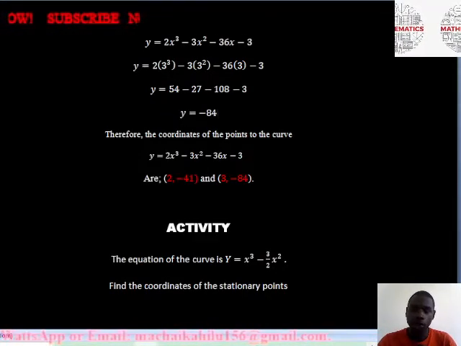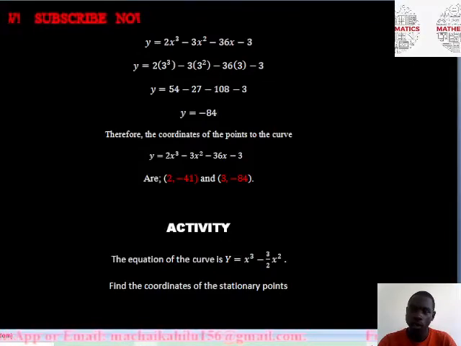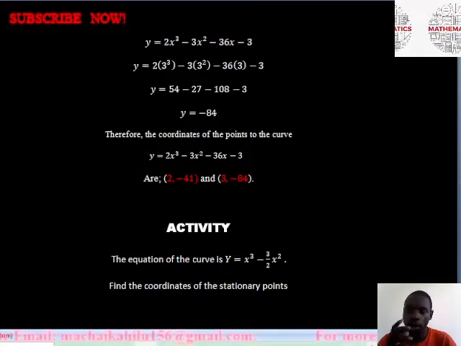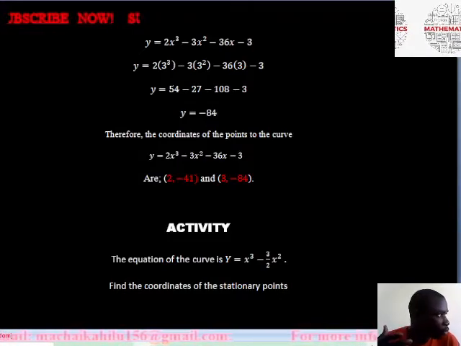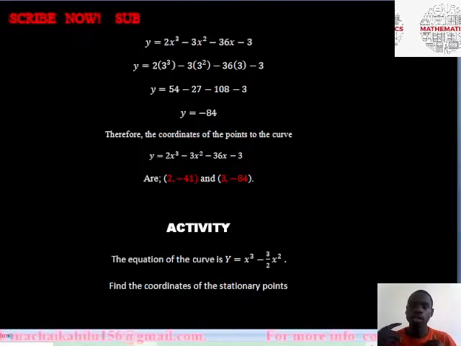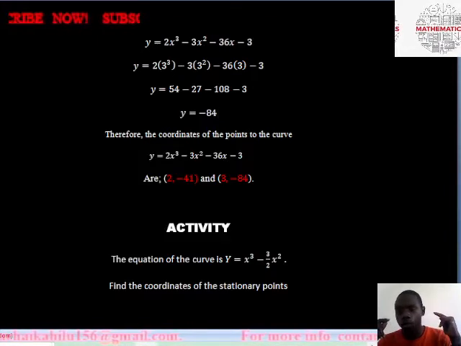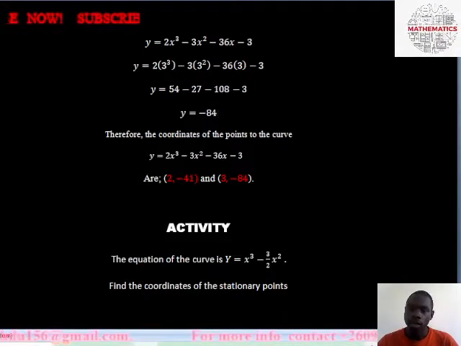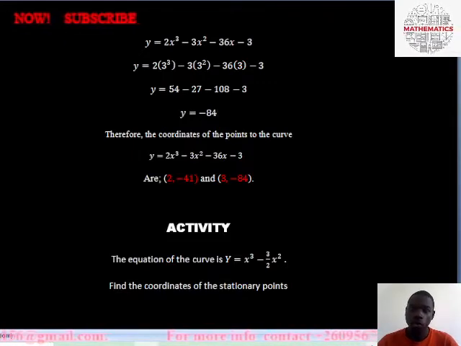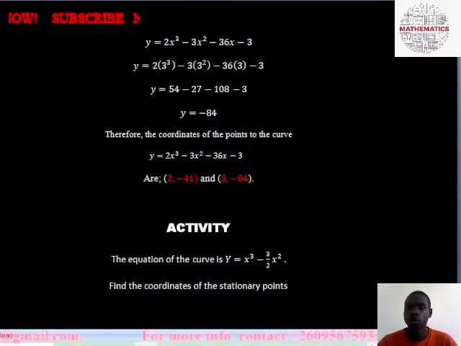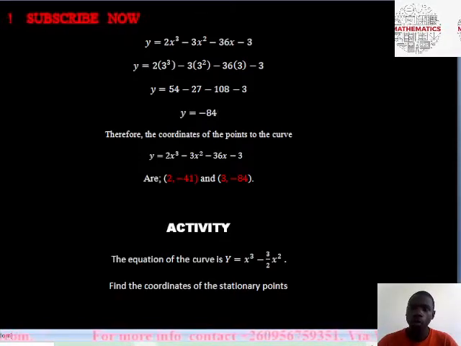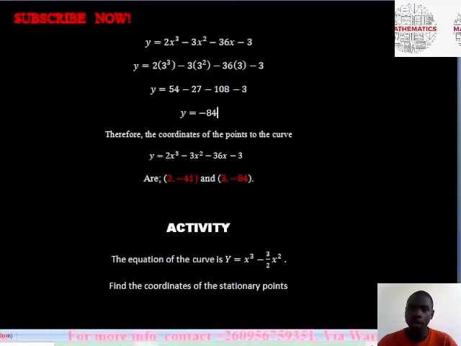And if you feel comfortable, if you want to check how you can do this particular question, you can write it and then solve. After solving, you can send your answer to my WhatsApp line on the screen, so that I see to it and send you the result, so that you are able to see how you are performing or how good you are in calculus.